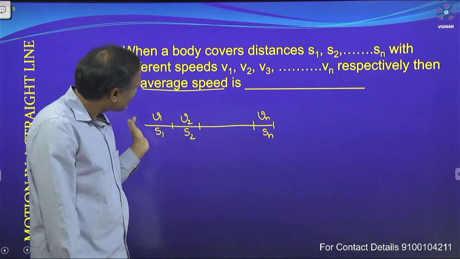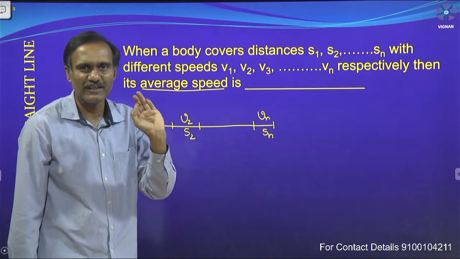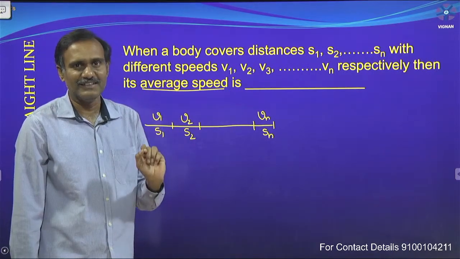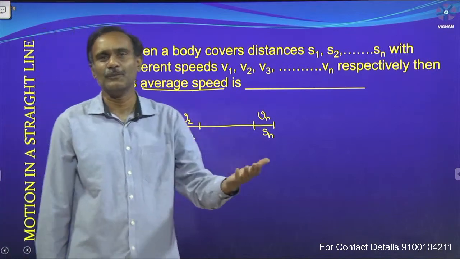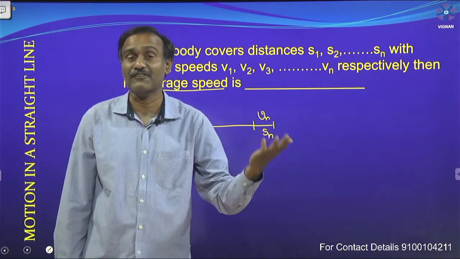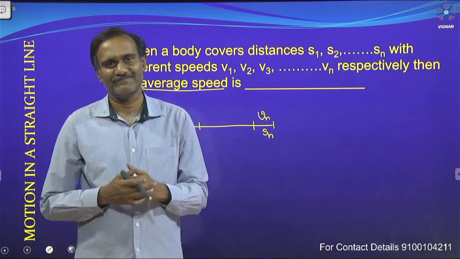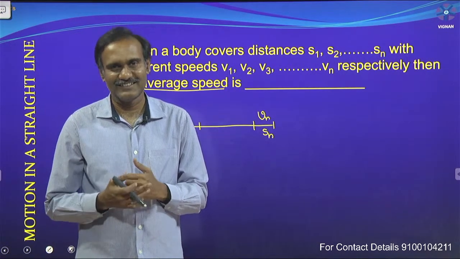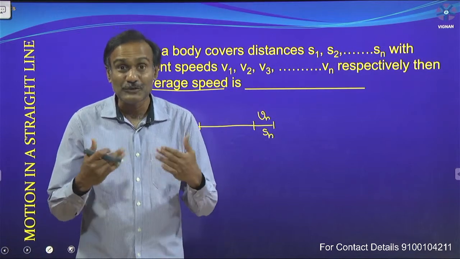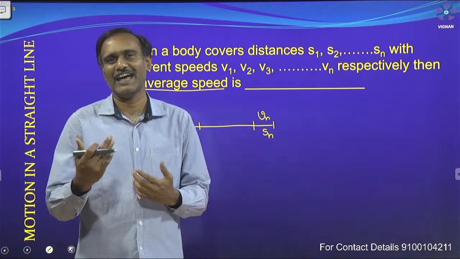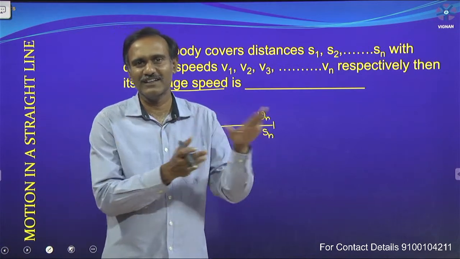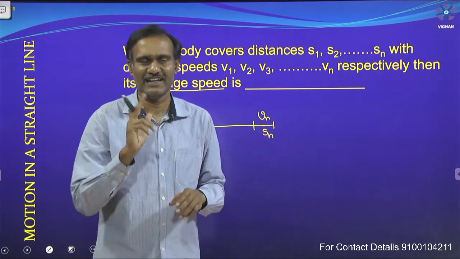Here in this application also body moving along the same straight line. So, here average speed is equal to magnitude of average velocity. Is it true or not? Yes. Magnitude of average velocity is equal to average speed when the body is moving along the same straight line. Okay.